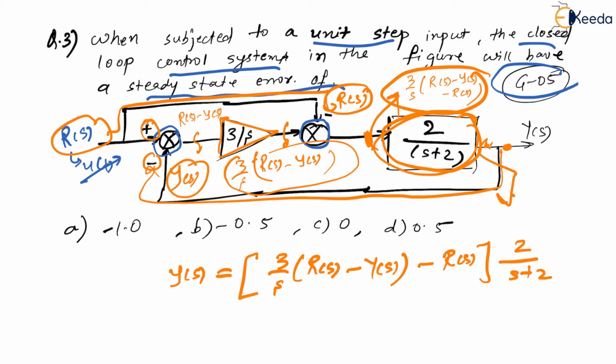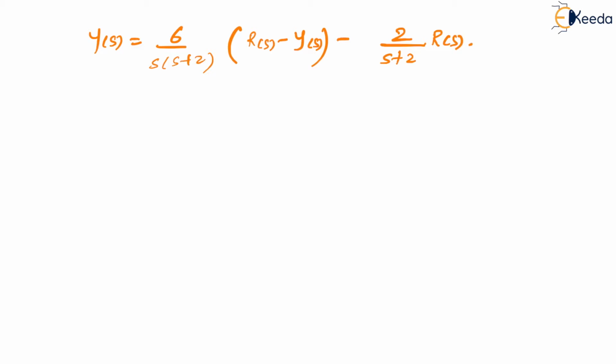Yes. Now, if I try to simplify this, what will happen? If I just multiply these terms and everything, what do I get then? I will get Y of s equal to 6 upon s into s plus 2 into R of s minus Y of s minus 2 times s plus 2 into R of s.